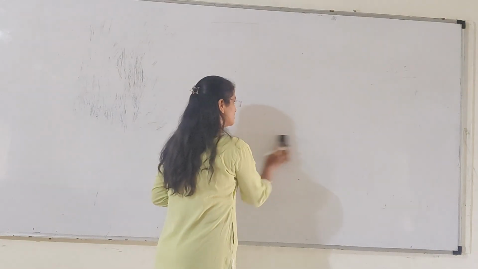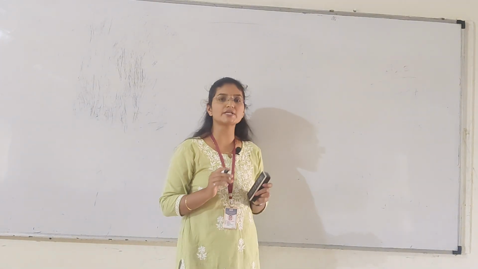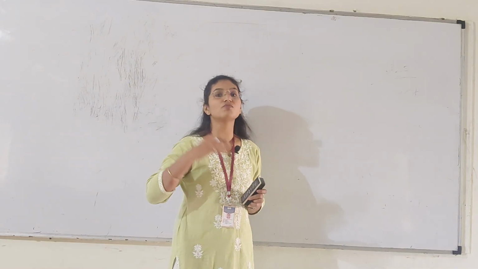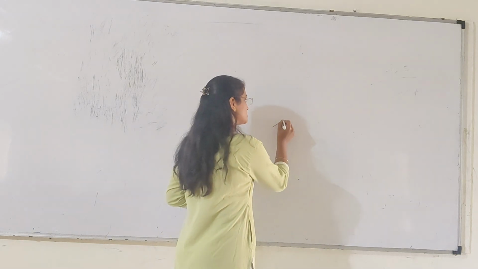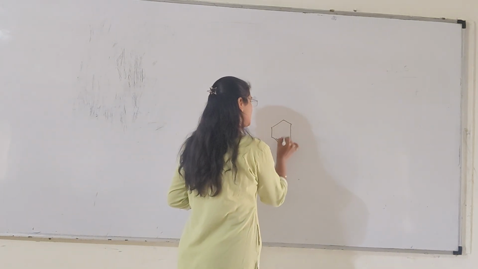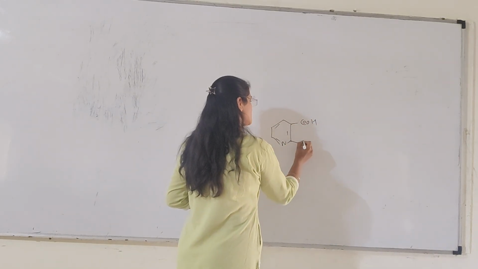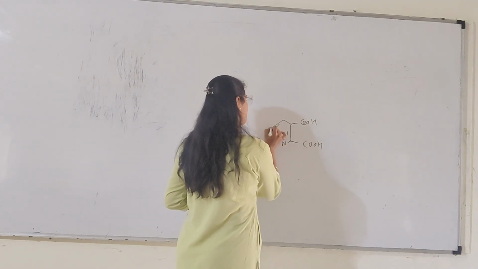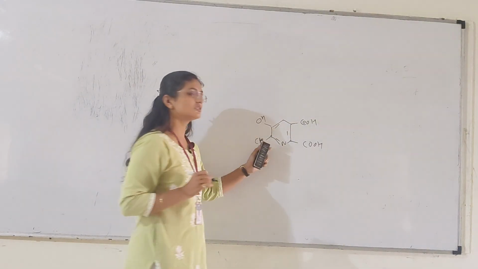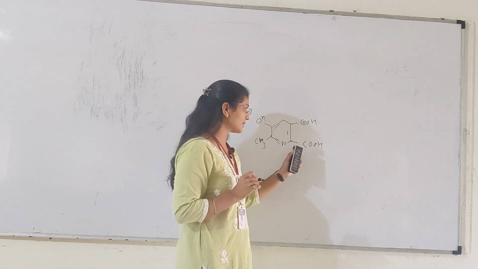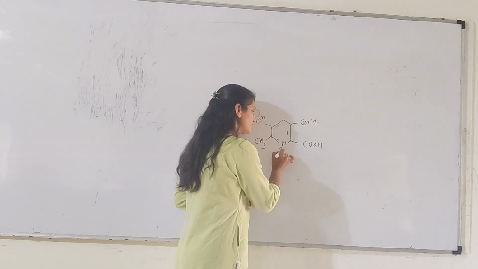Then the third rule for the numbering of heterocyclic compounds. If your heterocyclic compound contains more than one substituent or functional group in the ring, see this example: pyridine contains a COOH group, then again a COOH group, an OH group and a CH3 group. Again numbering starts from the heteroatom, no doubt, this is the fixed rule.